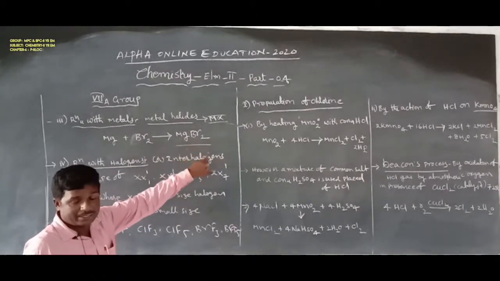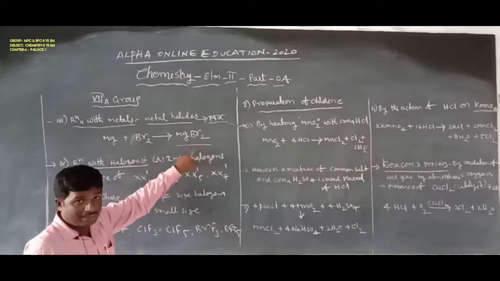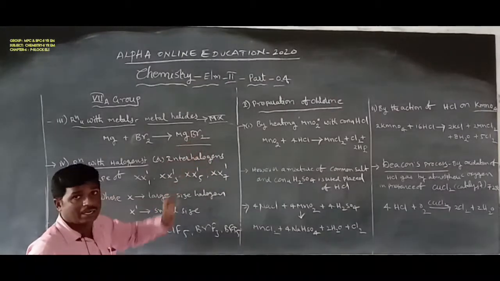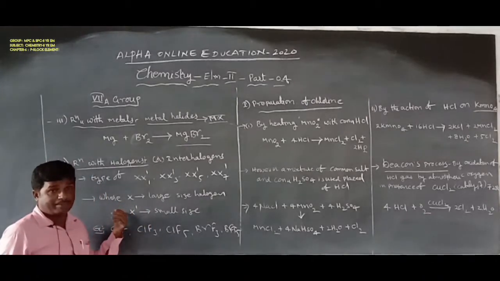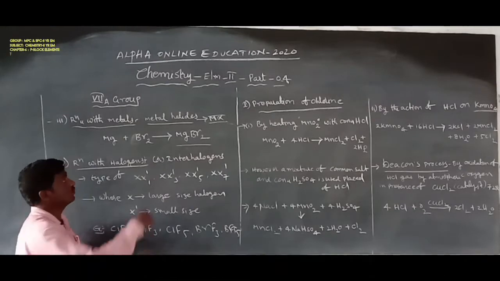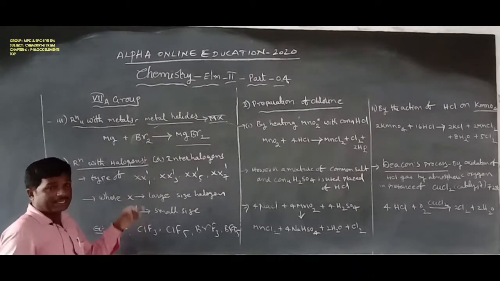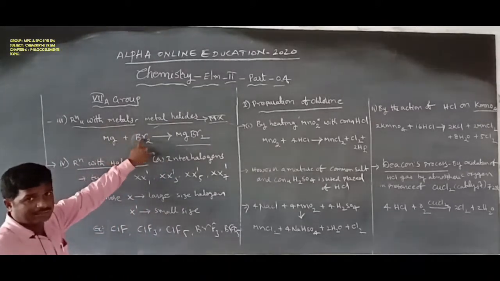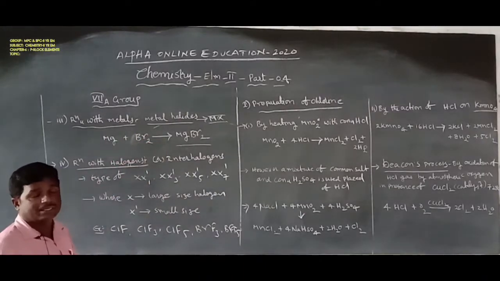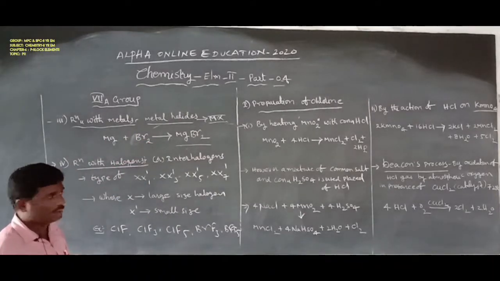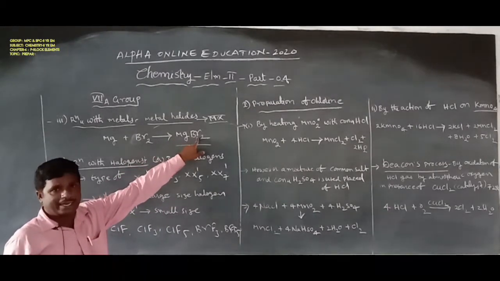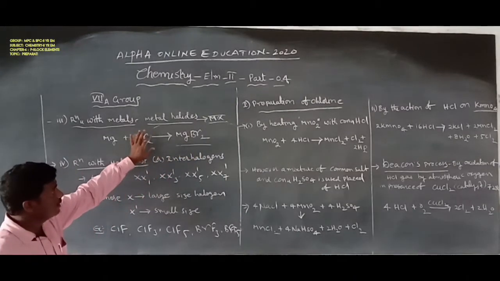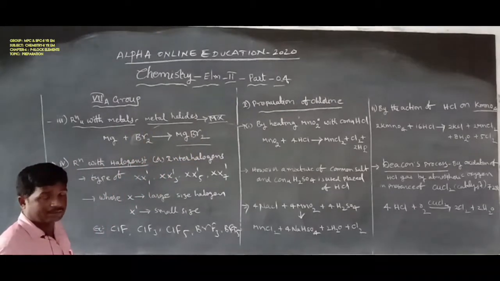Magnesium is the metal, and bromine is the halogen element. So metals combine with halogen elements to form metal halides. For example, magnesium combines with bromine to form magnesium bromide, MgBr2. Magnesium is the cation and bromine is the anion. That is magnesium bromide, a metal bromide.